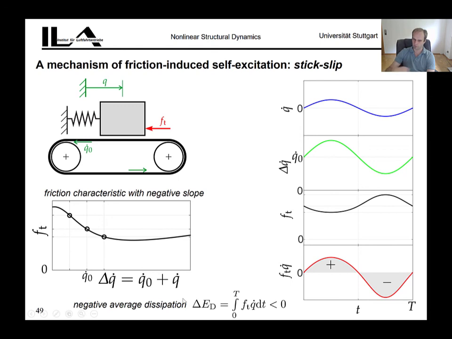So quite apparently, what will happen is that the equilibrium position is unstable. We will see some negative dissipated energy, so the vibrations will grow, and this is basically a short explanation for stick-slip oscillations.